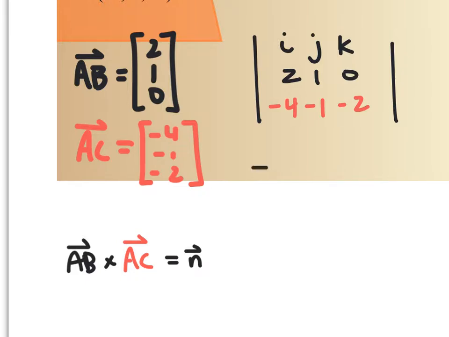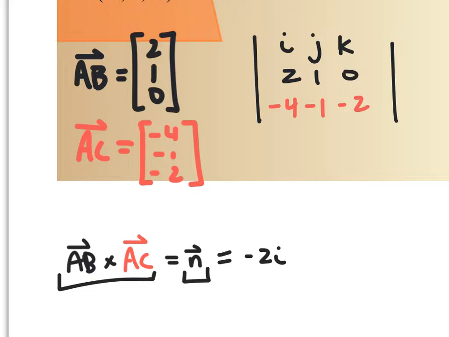So I'll come out with this component-specific vector. AB cross AC is going to be equal to the normal vector, which will be, okay, imagine for a second we cover up i, so it'll be 1 times negative 2, which is negative 2 minus 0. So I'll have negative 2i.